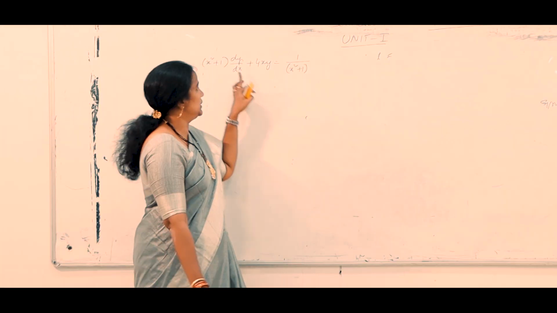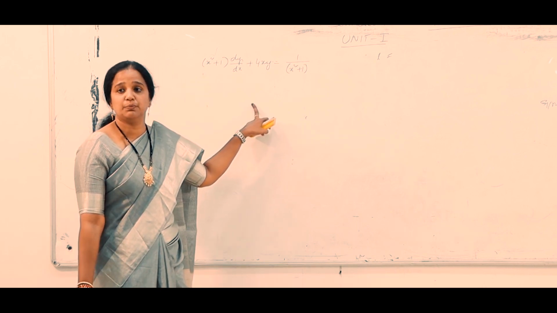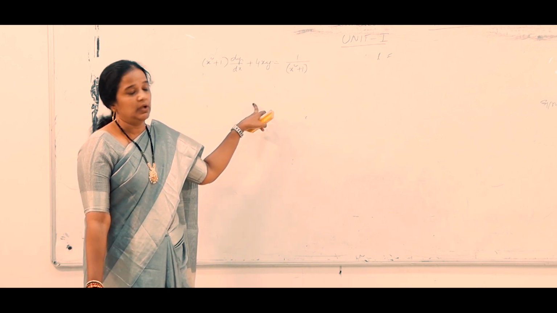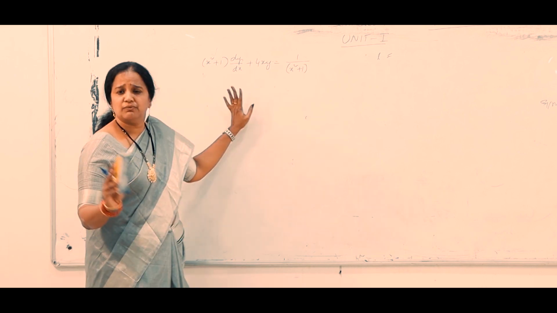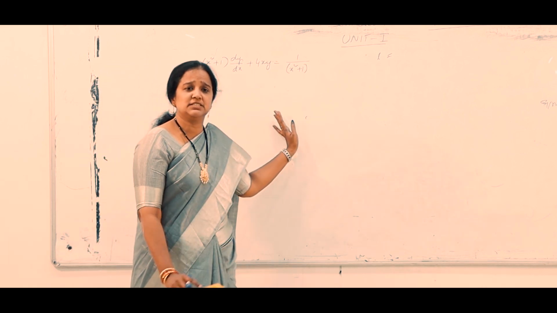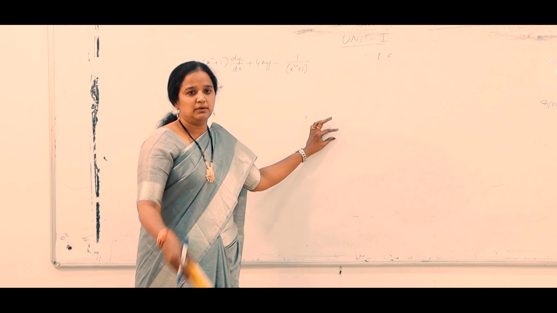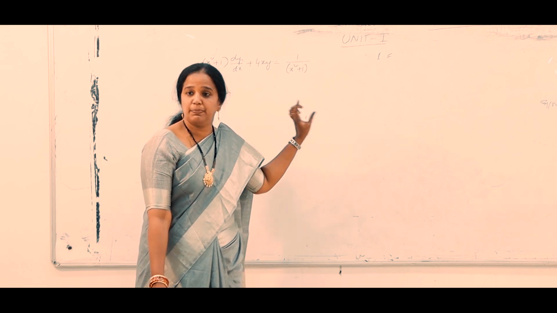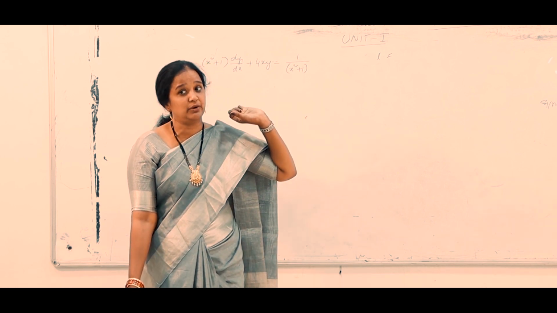First, we convert it into a linear differential equation. This is a very important problem. The linear differential equation is of the form dy by dx plus p of x into y is equal to q of x.